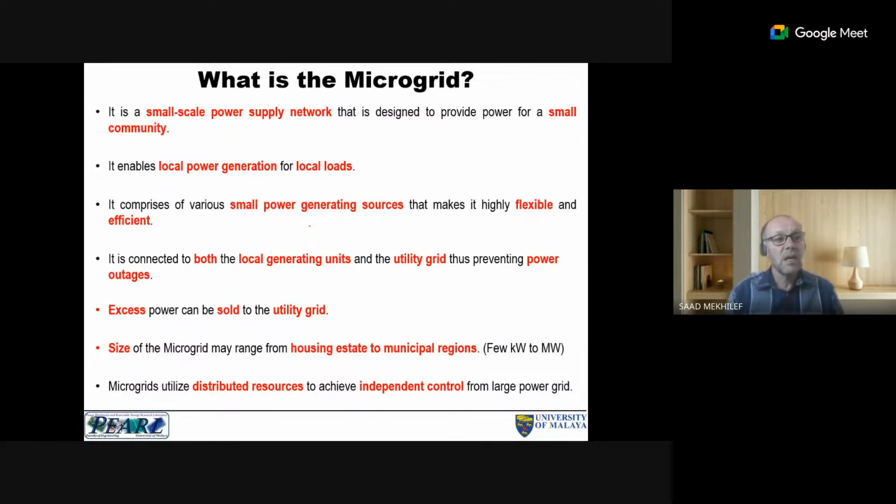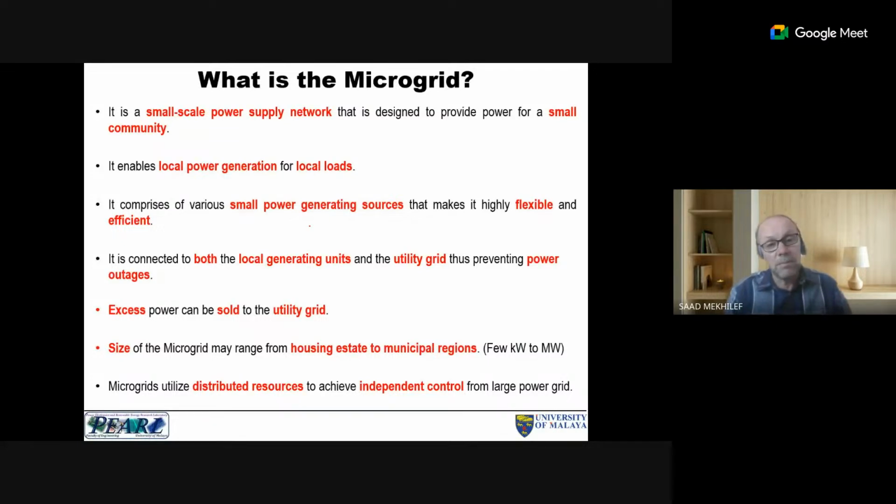The size of this microgrid, as I say, may range from a housing estate to municipal, from a few kilowatts to megawatt level. So this is the range, because we have micro and we have pico grids, which is a smaller level.